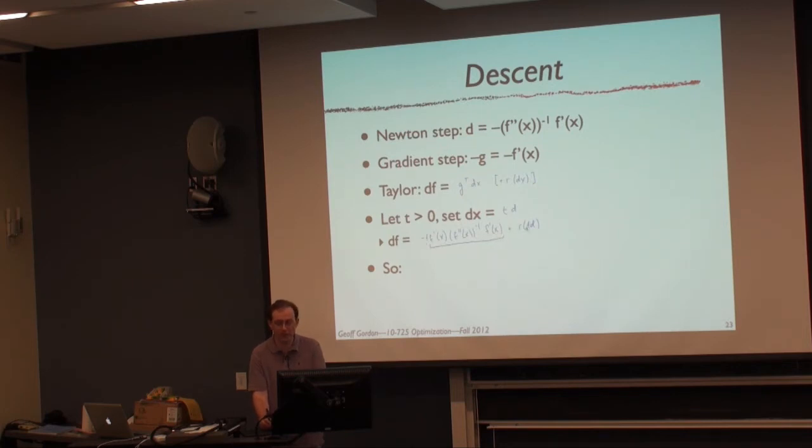This will be negligible for small t, and this will be strictly negative if this thing in here is positive, right? And when is this thing positive? This is greater than 0 exactly if f double prime of x is, as a matrix, actually strictly positive definite, right?